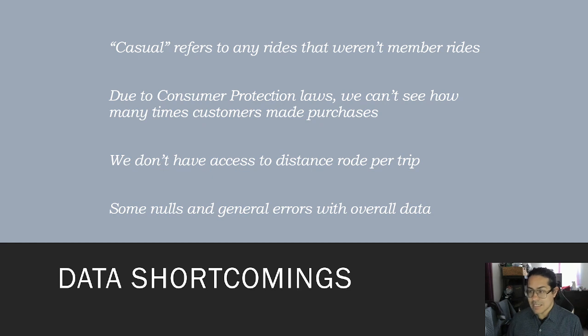The most glaring piece of information that's missing is that in the data points it's listed as just casual or member. There's no way to discern whether that casual transaction was either a daily pass or a single ride pass, which would be a very beneficial, very important piece of information to have.